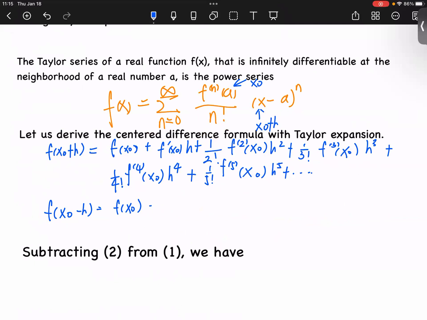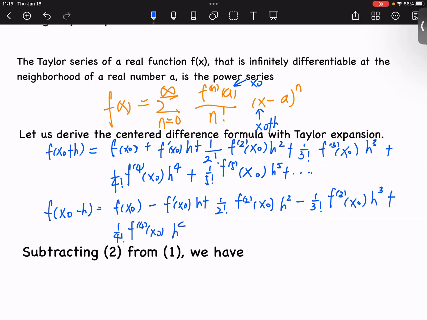So the second term should be minus f'(x0) h. And then the third term is still on the plus side. The next term should be negative, the minus side, because this time we have minus h here, and not the plus h. And so we also have the fourth term.